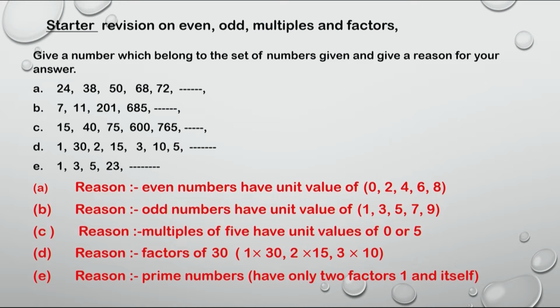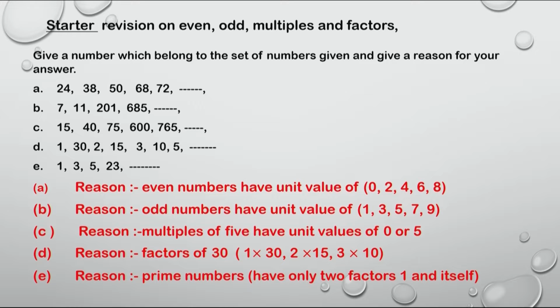Now we have a look at the answers. So A, if you've written any even numbers, you know you're right if the unit value of your even numbers ends with a 0, 2, 4, 6 or an 8. Remember, it's the unit value. If it ends with any of those 5 digits, then you've got the correct one.